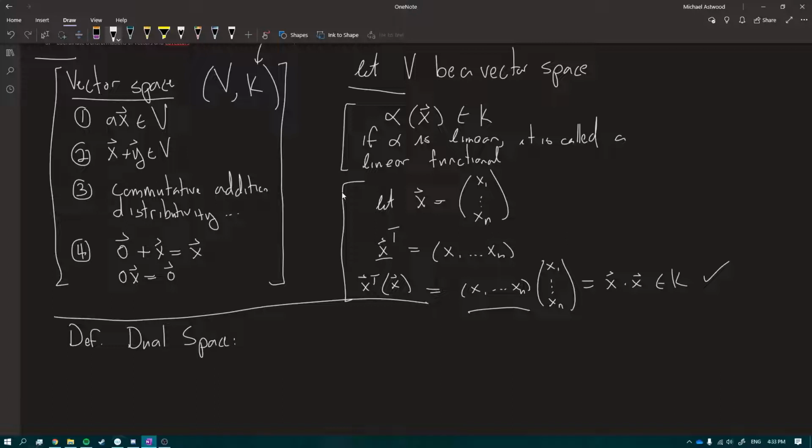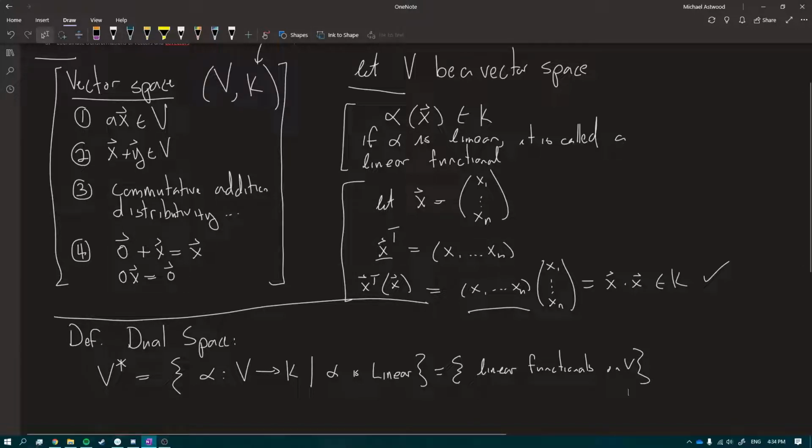So V star is defined as the dual space, and it's the set of all alpha which are maps from V to the underlying field of V such that alpha is linear. So these are all linear functionals on V. So this is the essential stuff about the dual space.